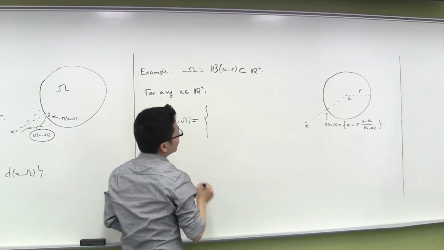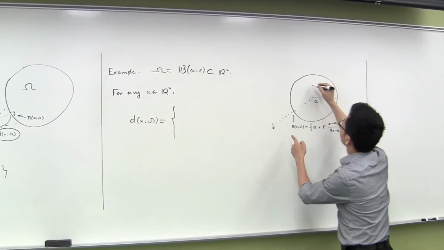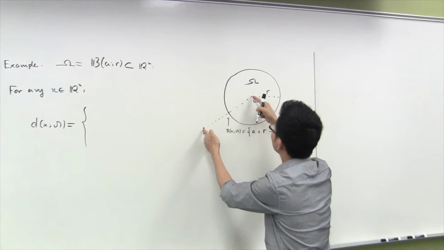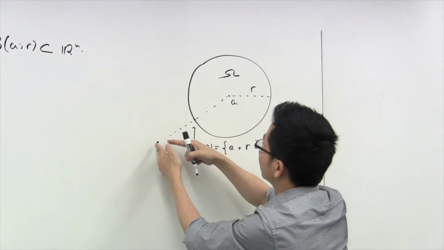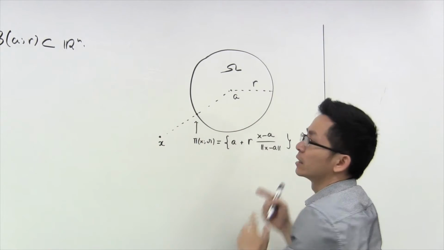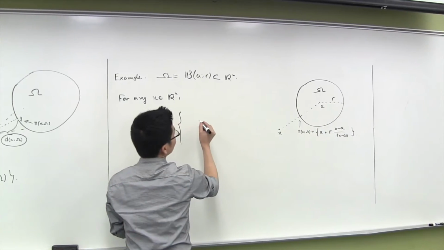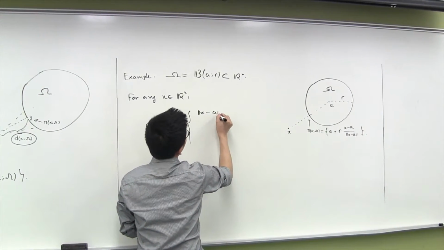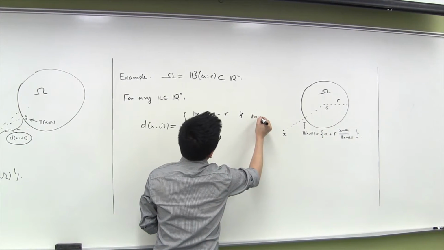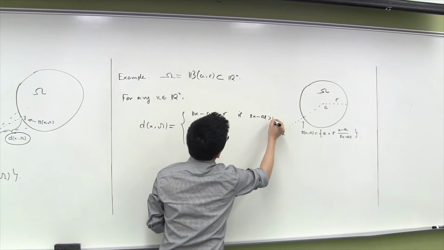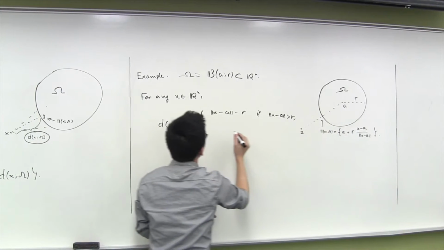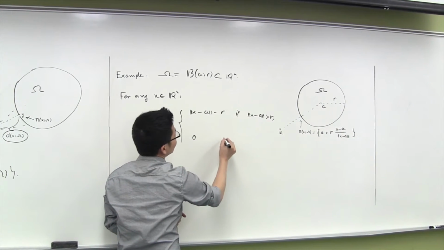So here, if x is outside of this set omega, then the distance from x to the set omega is exactly the distance from x to the center of the ball minus the radius of the ball. So this is equal to norm of x minus a minus r if norm of x minus a is greater than r. And then if x is inside of the ball, then the distance from x to omega is equal to 0.